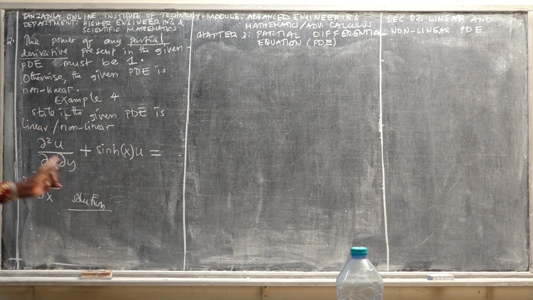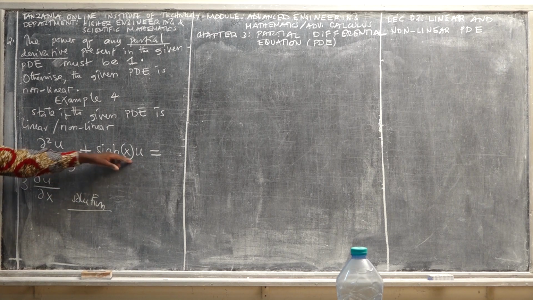So remember the second condition talks about partial derivatives. How many terms do we have here? 3 terms. First term, second term, third term. How many partial derivatives do you have? 2. 1, 2. What is this one? This is the function. Right? Then what is the highest power of this first derivative? 1.